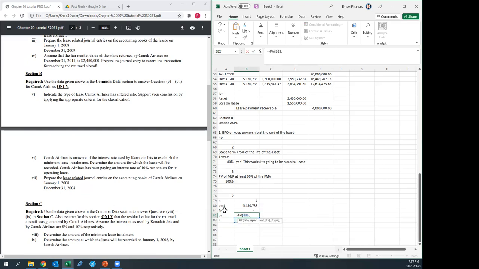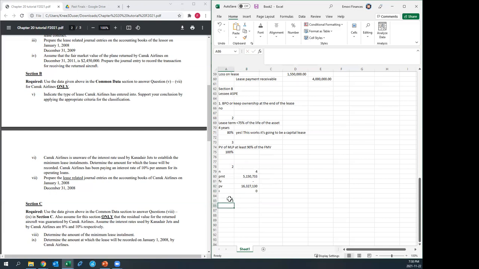So rate, payment, your FV, and then 0 for end of period. So that gives us a PV of 16 million. So that's what they're going to record in their books on January 1st, 2008. And we're going to see how that goes.